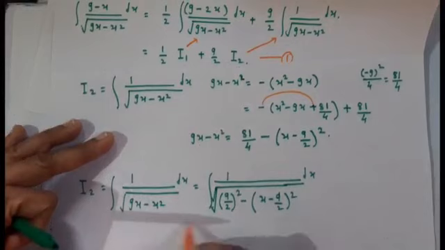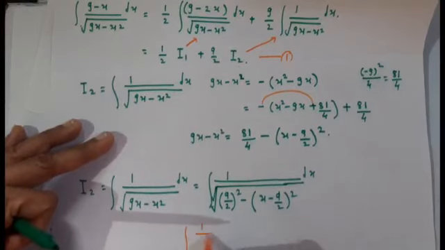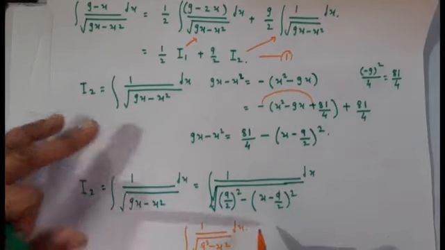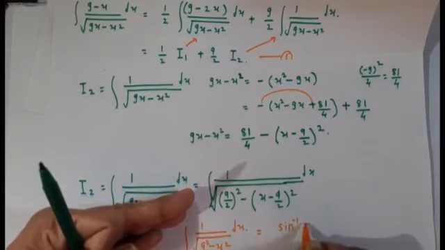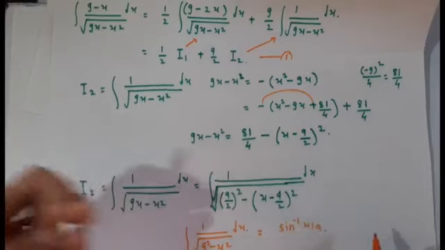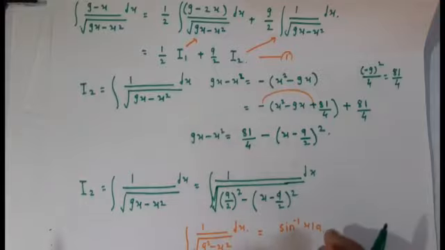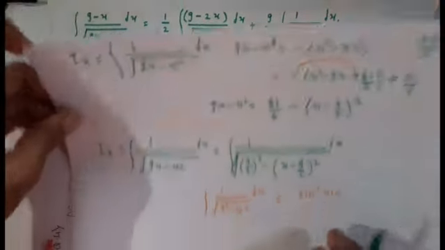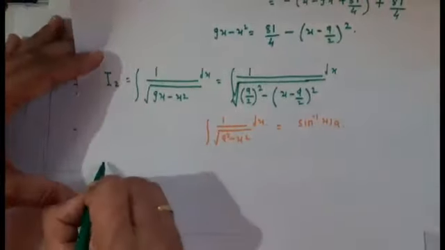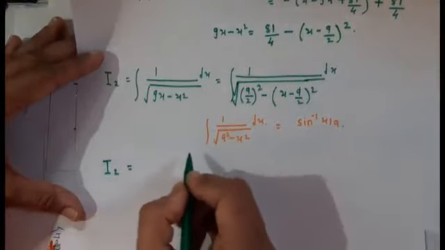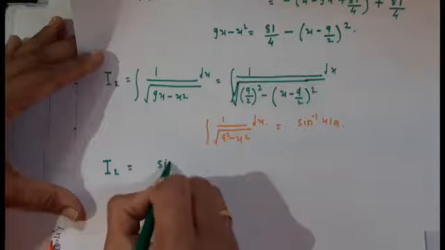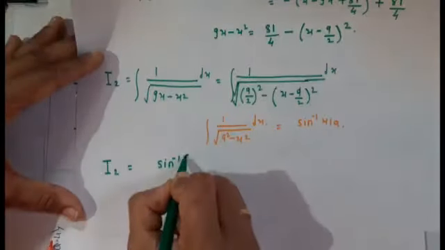Okay students, and this is integration of the form 1 upon square root of a square minus x square with respect to x, and that's why its integration is sine inverse of x by a. Therefore the integration I2 is equal to sine inverse of x by a.